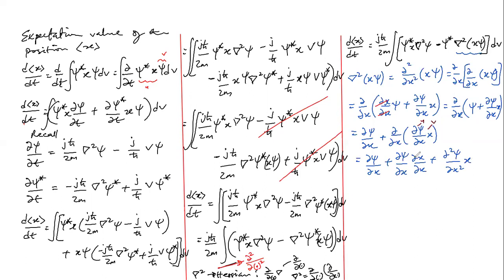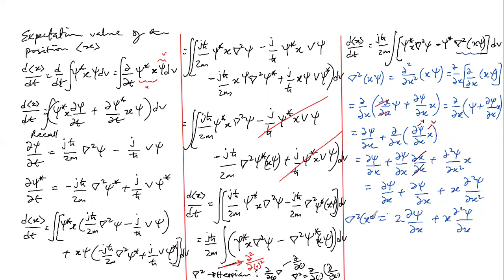So this again, we truncate this, and this will reduce to 1, right? So we have dpsi by dx. In other words, we have dpsi by dx plus dpsi by dx plus x d squared psi by dx squared. So this is going to give us 2 dpsi by dx plus x d squared psi by dx squared as the Hessian of x psi, right?